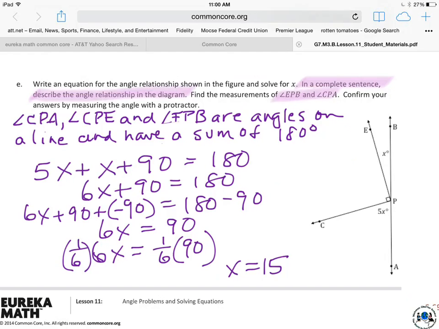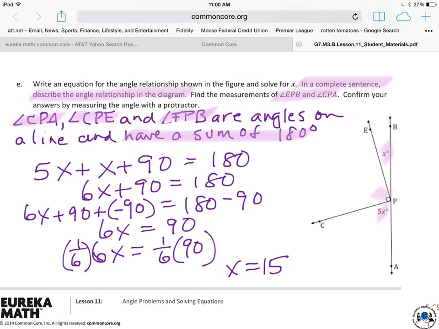Okay, so the relationship I went for was that all of those angles, angle CPA, angle CPE, and angle EPB, are all angles on a line and have a sum of 180. Therefore I'll take all those angles the way they are expressed here: one is the x, and we have the 5x, and then of course that is 90.